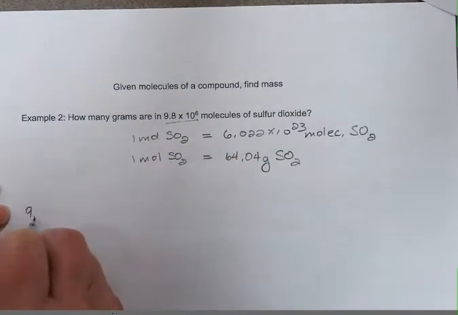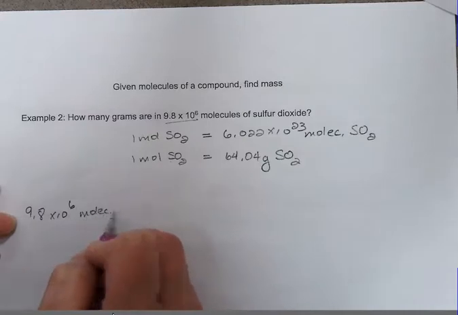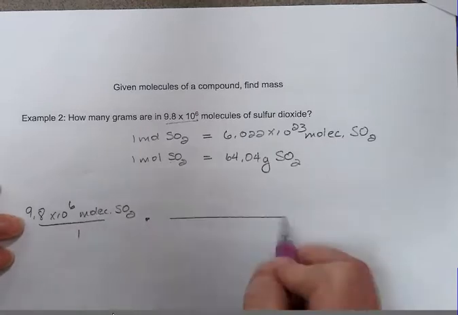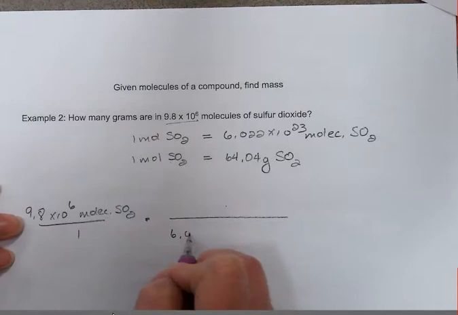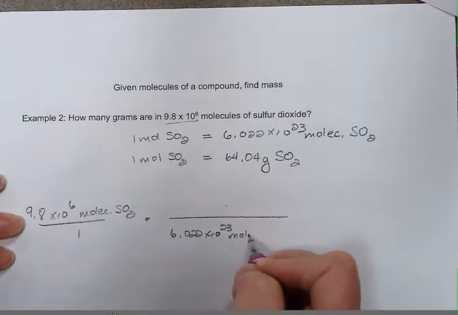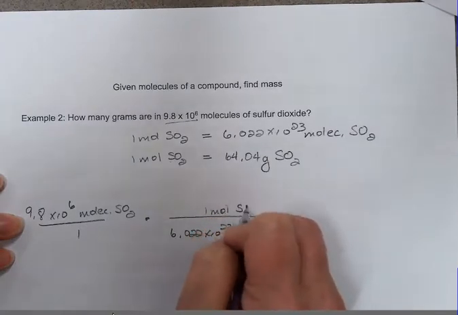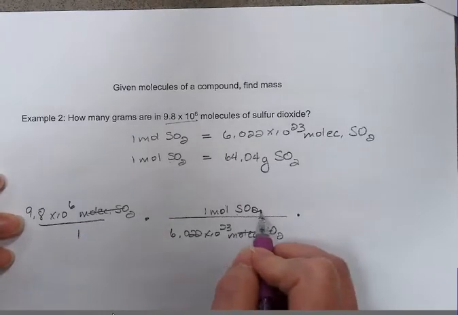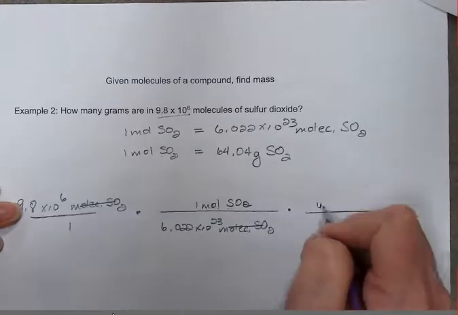So I'm going to start off with the given. And again, I want to convert things to moles, so I know I need to divide by Avogadro's number. And molecules cancels, I'm left with moles. So I need to go from moles to mass, so I need to multiply.